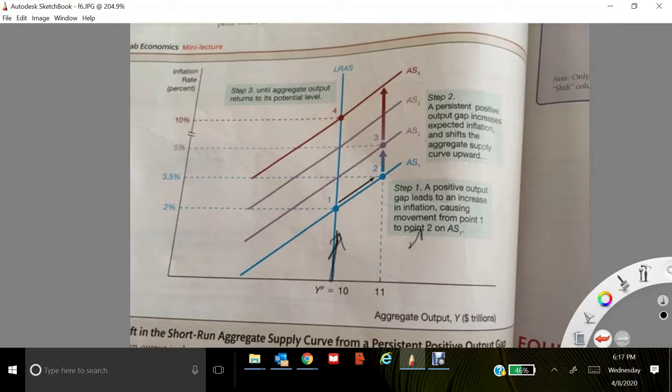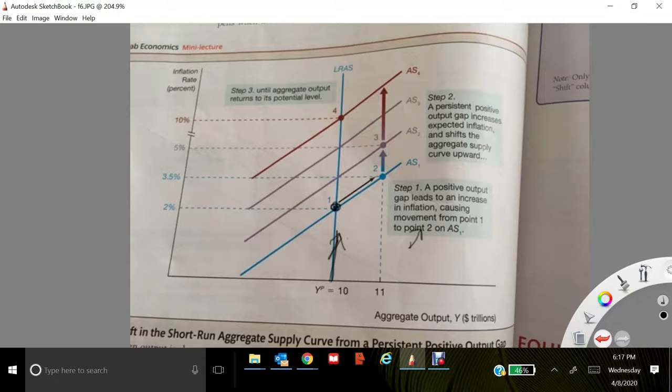When you get proficient at this, you can just read the steps. You start here, step 1. This is where our output and our inflation level are at an equilibrium level, okay? Very good.